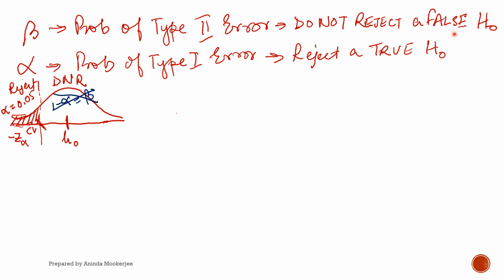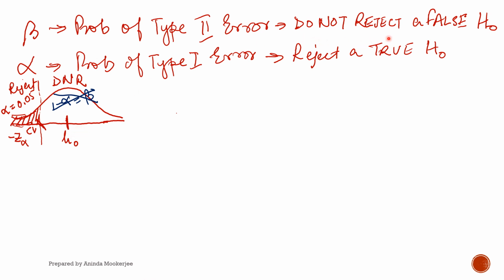So what the type 2 error is claiming is that the null hypothesis mean that we use to perform our hypothesis test is in fact false. And when the null hypothesis mean is false, it cannot be positioned at the center of the figure.